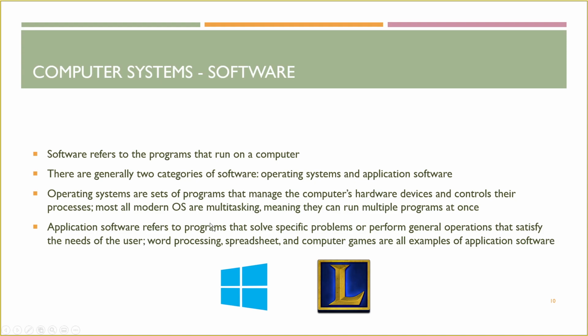A computer game, I have League here as an example. League is not controlling your random access memory's processes, right? The operating system is doing that. League is just a game that you play. So those are our two main kinds of software: operating systems and application software.